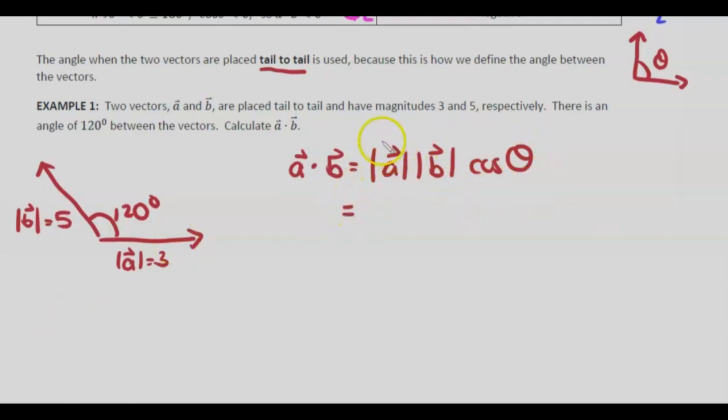Filling this out, 3 times 5, and then we sub in cos 120. Again, 120 degrees is used because this is how we define the angle between the two vectors. When we put this into our calculator, we get negative 7.5.